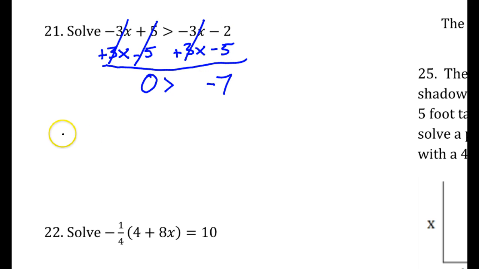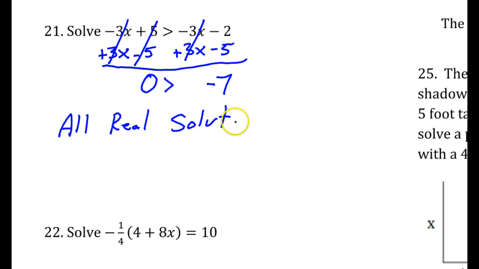Right, is this true or false? True. 0 is bigger than -7, therefore all real. So yeah, unfortunately, you can do all the algebra, but then mess up the interpretation if you don't know that 0 is bigger than -7. Be careful. Anytime you have a true answer, you're going to have all real numbers.